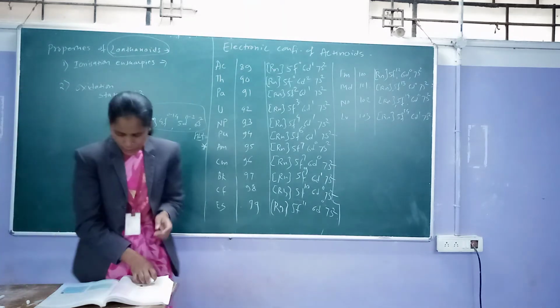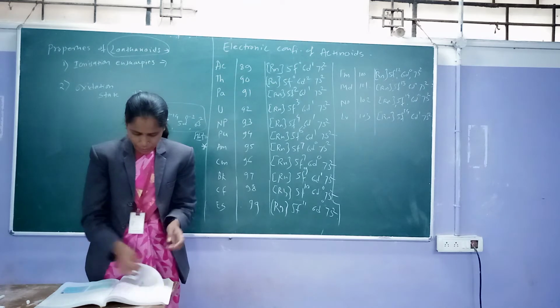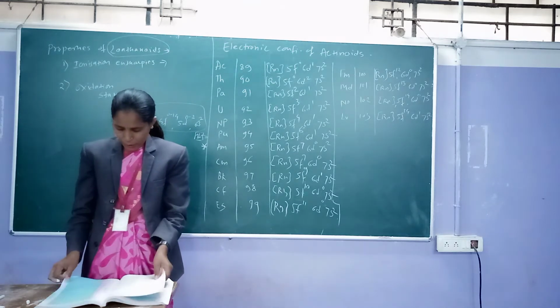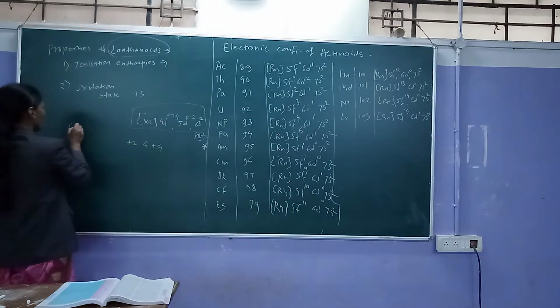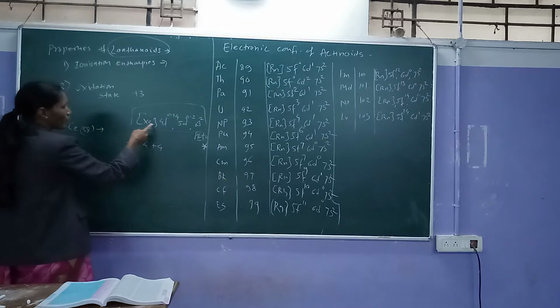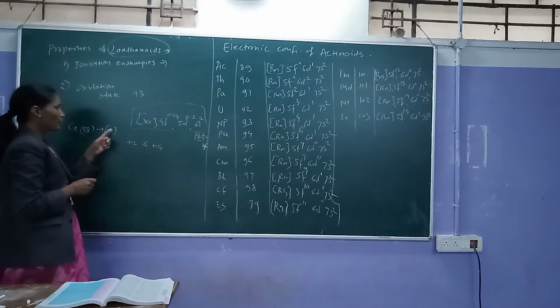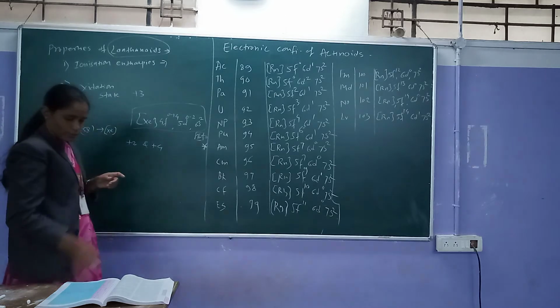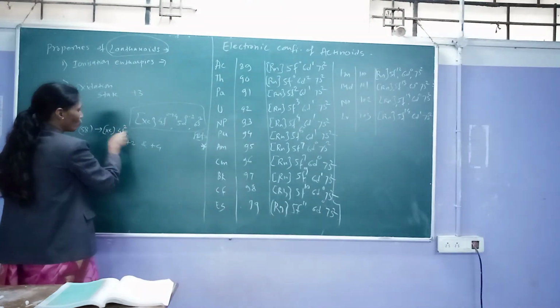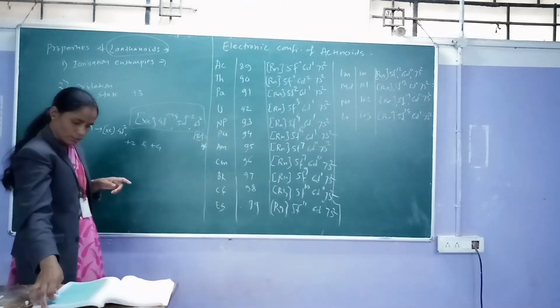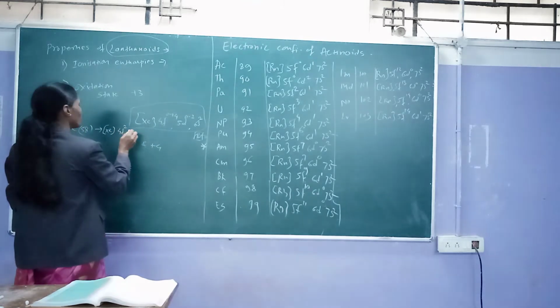For example, cerium, atomic number 58, has the configuration xenon, atomic number 54, plus the remaining 4 electrons: xenon 4f2 and 6s2.